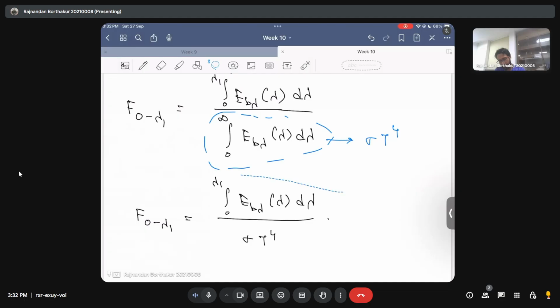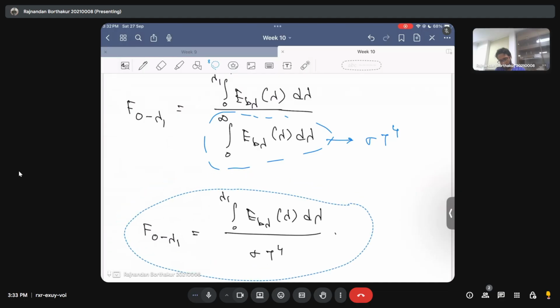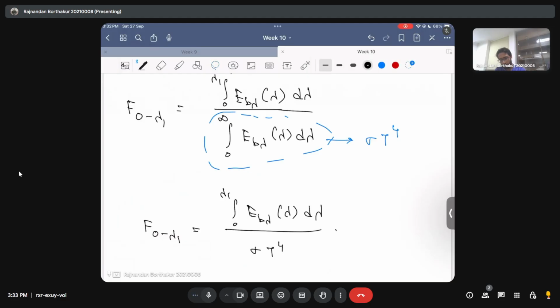That is exactly the fraction of the emissive power which is lying in the band 0 to lambda 1 out of the total emissive power which is lying in the band from 0 to infinity, which is nothing but sigma T raised to the power 4 for a black body, and that comes from the Stefan-Boltzmann law. Okay. I hope you have understood this.